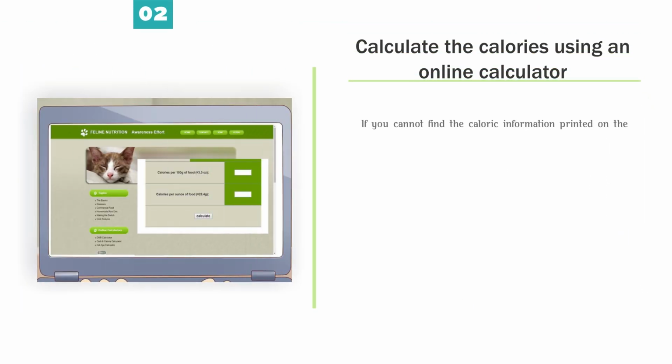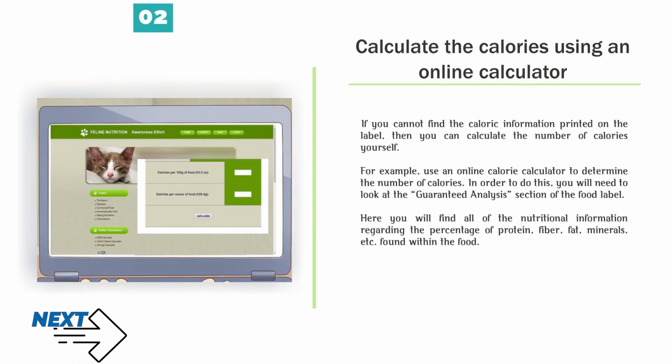Number 2. Calculate the calories using an online calculator. If you cannot find the caloric information printed on the label, then you can calculate the number of calories yourself. For example, use an online calorie calculator to determine the number of calories. In order to do this, you will need to look at the Guaranteed Analysis section of the food label.